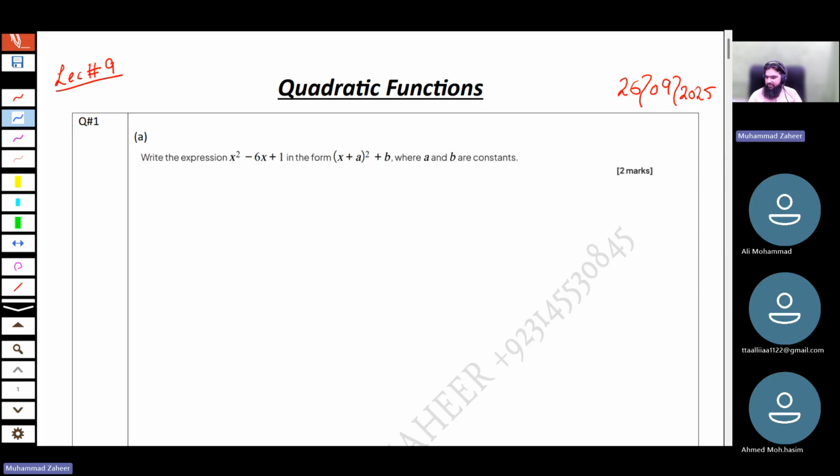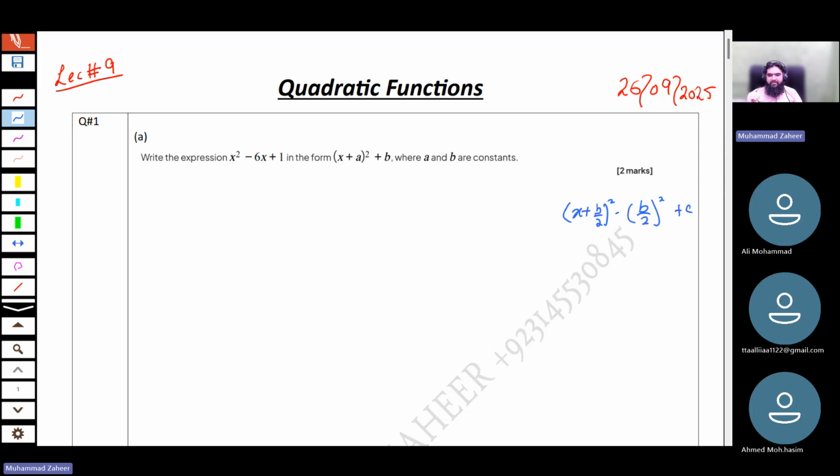In the completing square form, I told you that you have to write the equation in this format: (x plus b over 2) whole squared minus (b over 2) whole squared plus c. Here b is the coefficient of x, and c is your constant term.